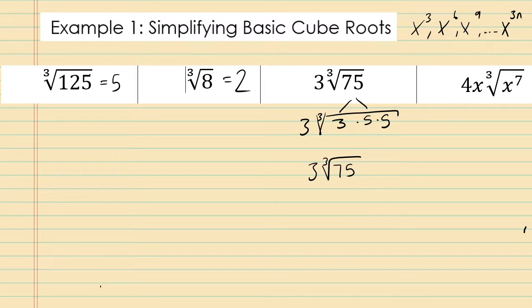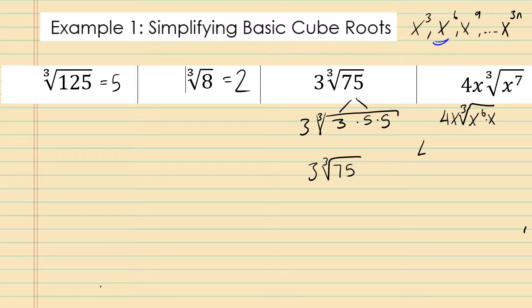For our example, we're going to write 4x cube root of x to the 6th power times x. We separate the x to the 7th power into x to the 6th power and x. Now we can take the cube root of x to the 6th power because it's a perfect cube.